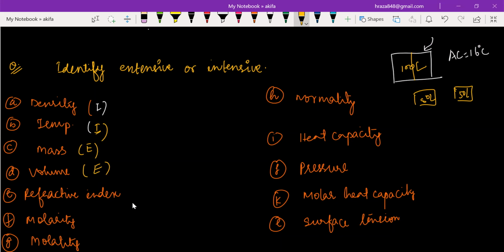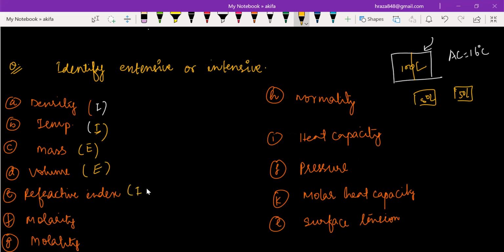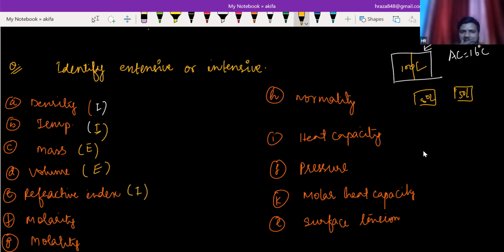Refractive index is the ratio of the speed of light in vacuum to the speed of light in any medium. So refractive index is intensive. You studied it in class 10th and will study it in class 12th: it is the speed of light in air upon the speed of light in water.